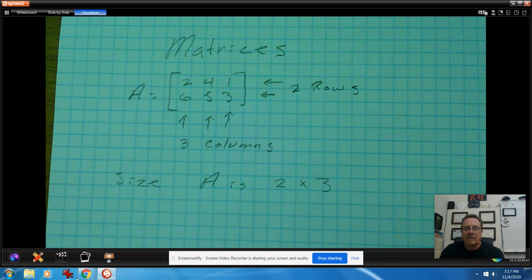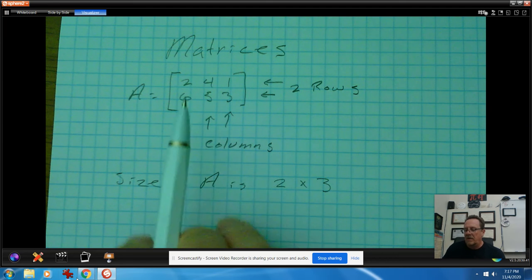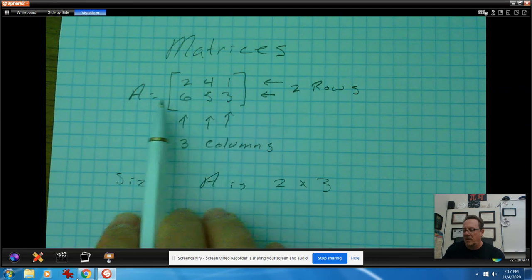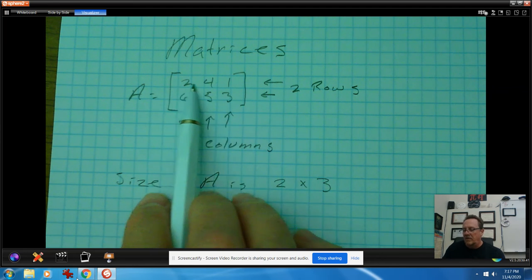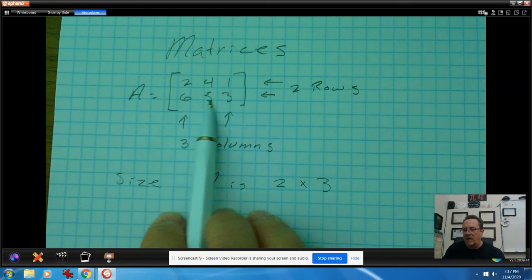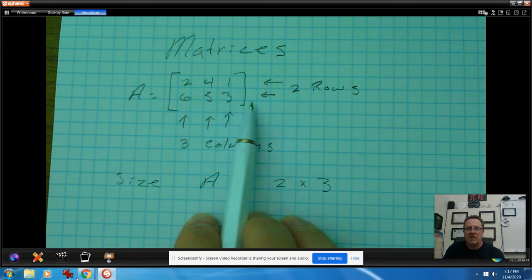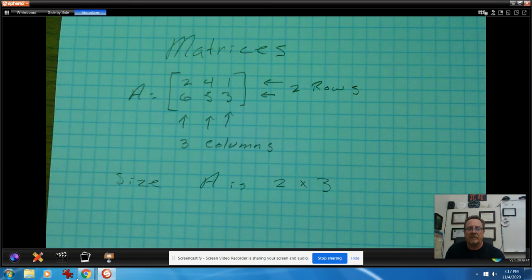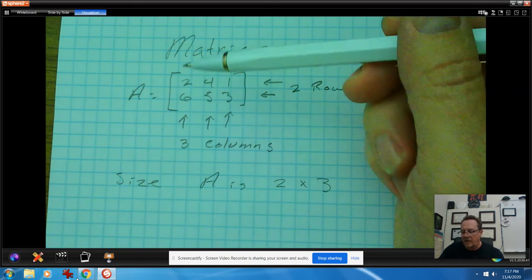itself. Now, just like in a spreadsheet or any table of values, there are rows and there are columns. And this particular matrix has two rows. Rows go across. So there is one row here and one row here. There's two rows in this matrix. Columns go up and down.